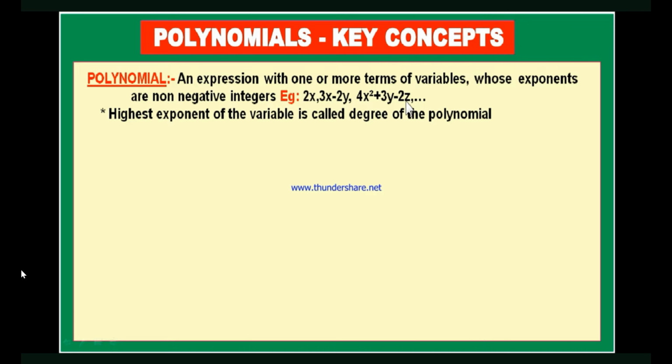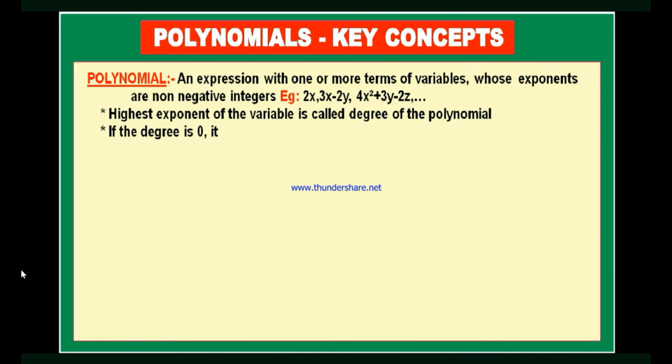Out of all the three, the highest exponent, that of x, is 2. Since the highest exponent of the variable is 2, the degree of this polynomial 4x square plus 3y minus 2z is 2. Understood? Therefore, the highest exponent of the variable is called the degree of the polynomial.